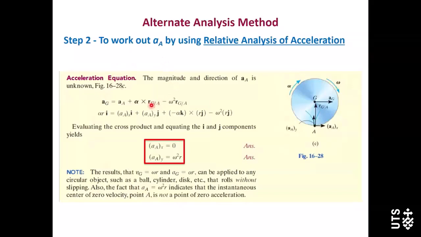Then in the second step, step 2, I do relative acceleration analysis. I have already worked out AG, and then you can find AAX must be 0 and AAY must be equal to omega square r.